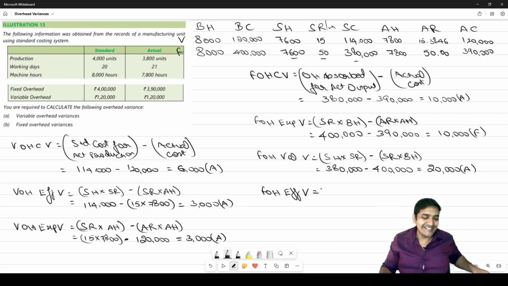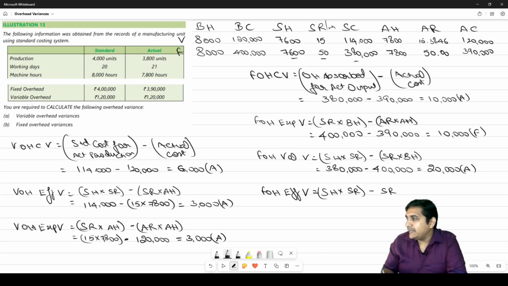The formula still remains the same, which is standard hours into standard rate minus standard rate into actual hours. That is how the formulas have been designed, and that is how costing works, to be frank.